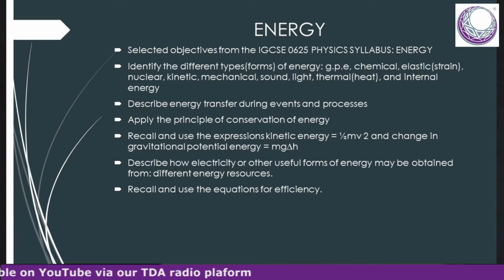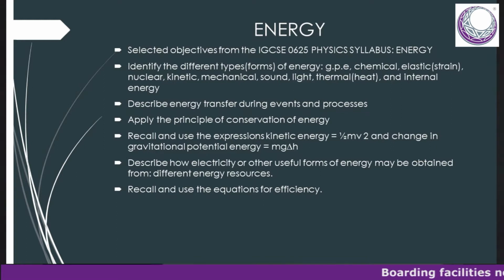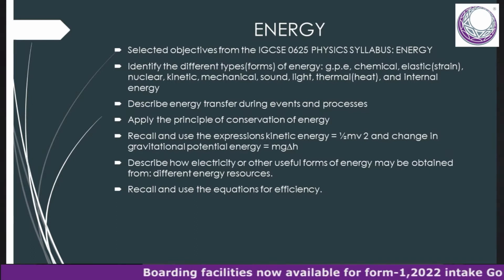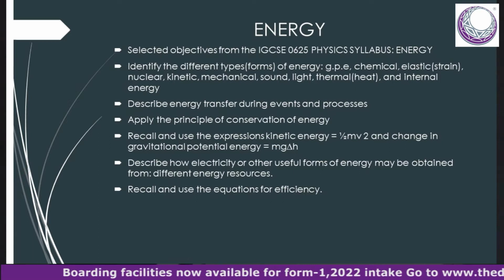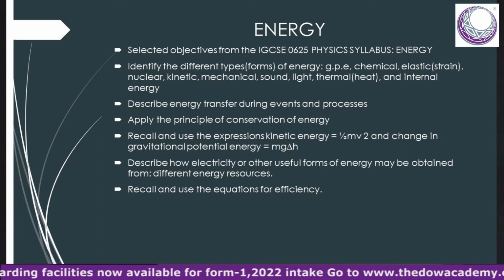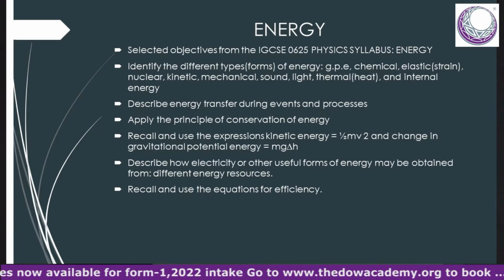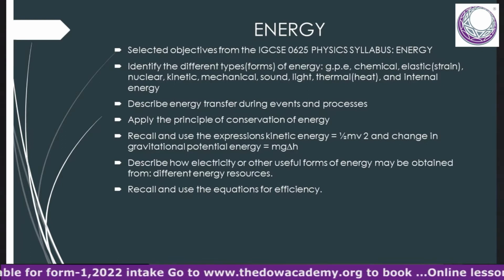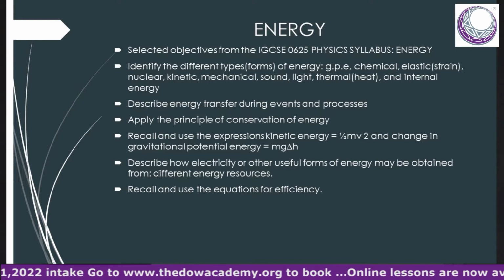You can use all those words: g.p.e, gravitational potential energy, chemical, elastic or strain energy, nuclear energy, kinetic, mechanical, sound, light, thermal or heat, and internal energy. You are also required to describe energy transfers during events and processes.